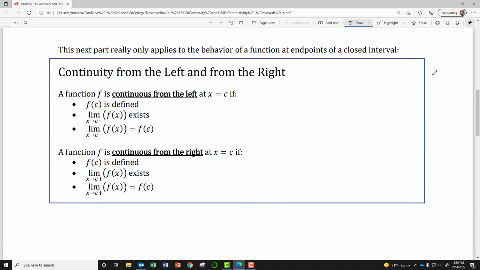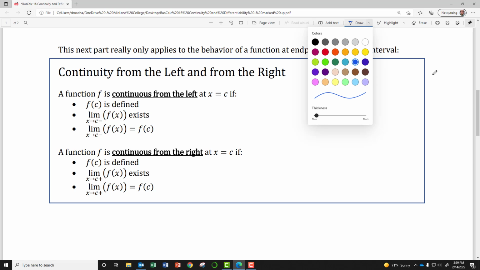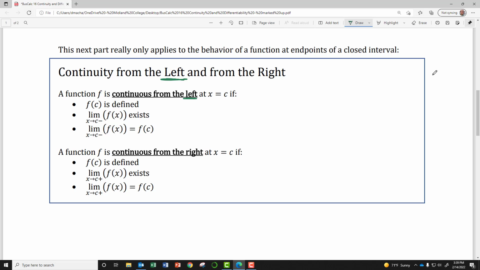Next concept. This is really only useful when we talk about the endpoints of a closed interval. We're talking about continuity from the left and from the right. I invite you to read these definitions closely. From the left just means the same definition of continuity applied to left-sided limits.